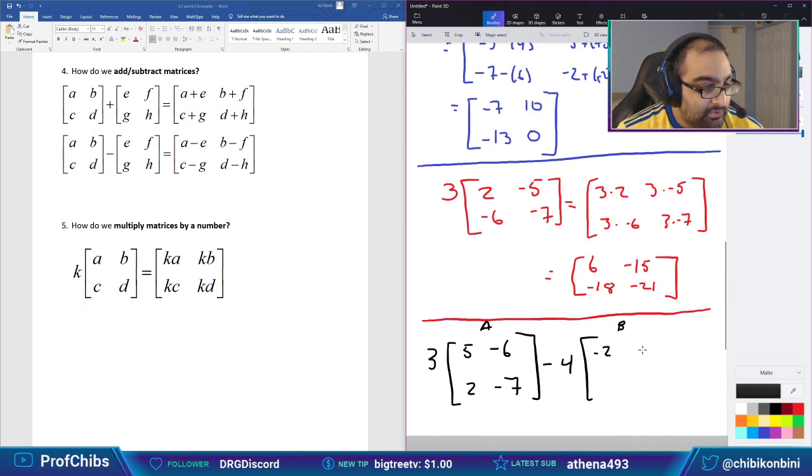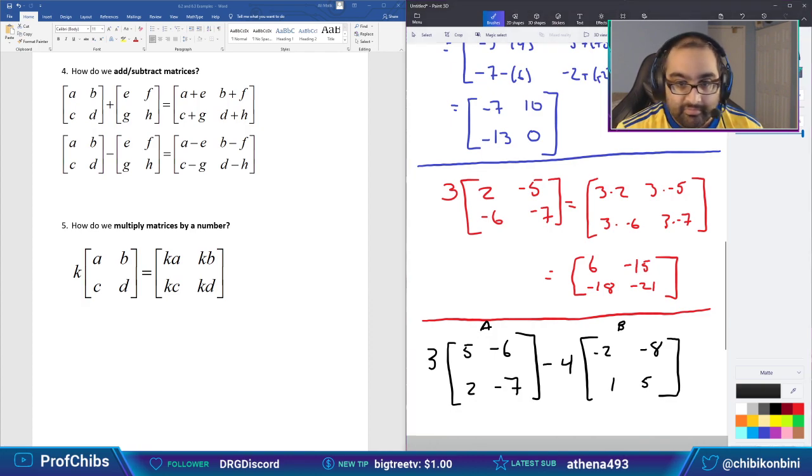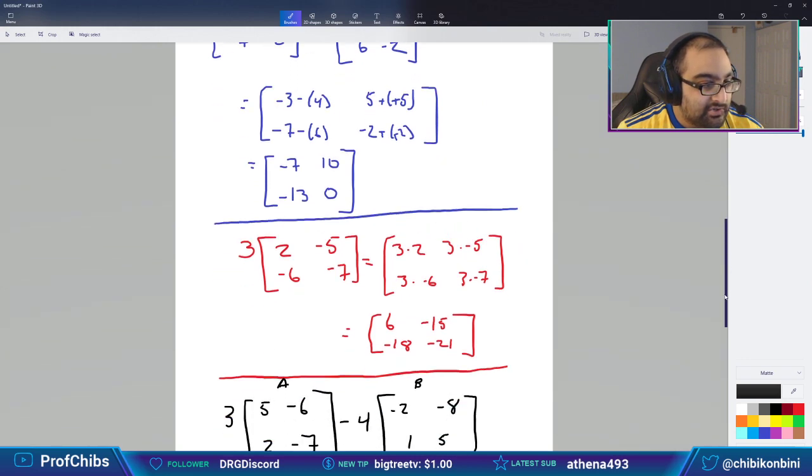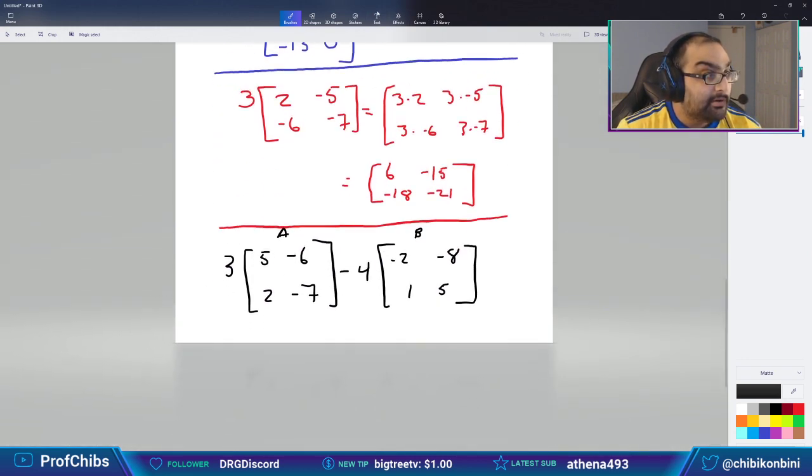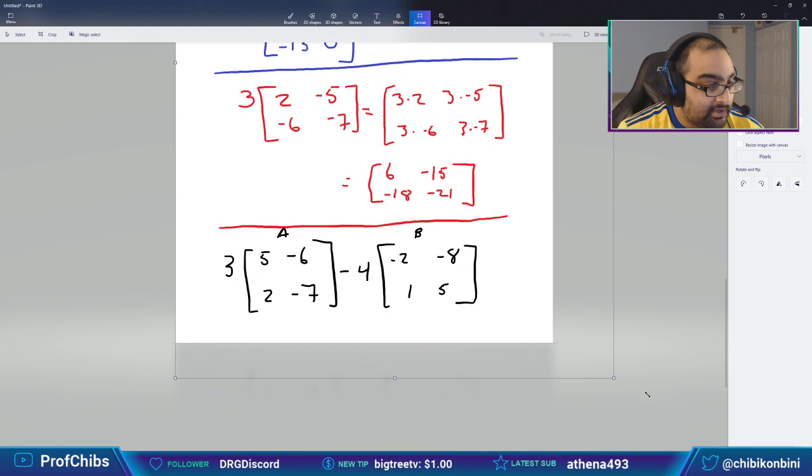So let's say this is what they had, and we want to figure out the answer to this problem. Quick combo example.